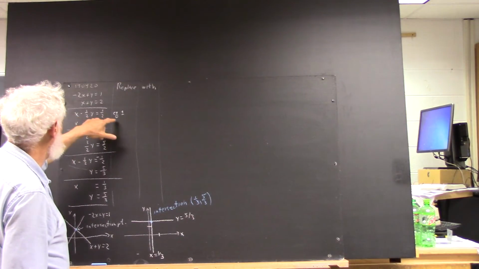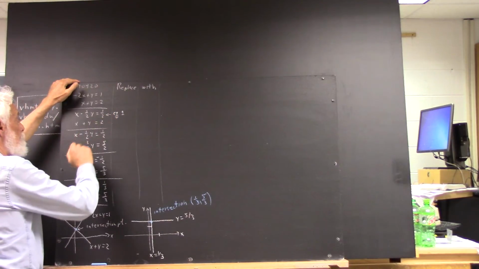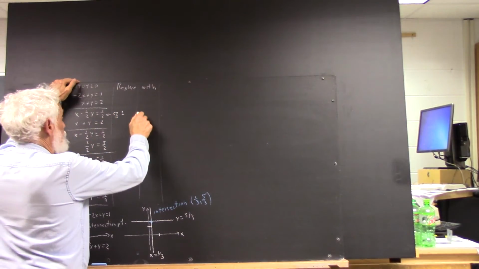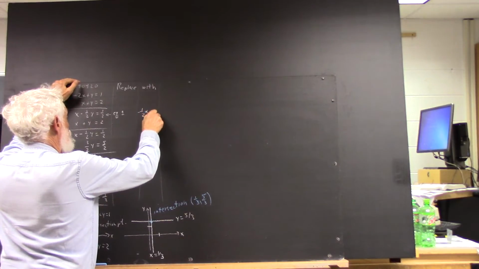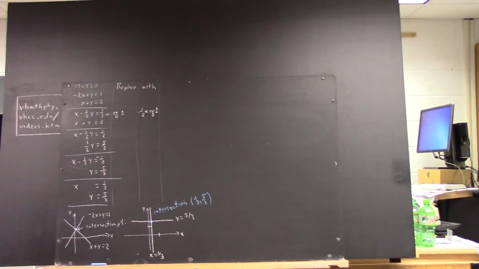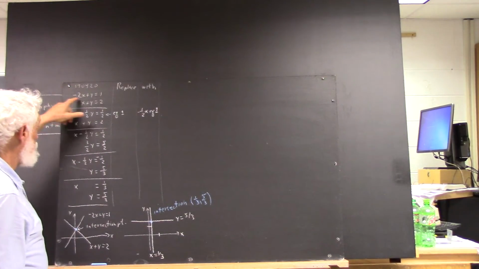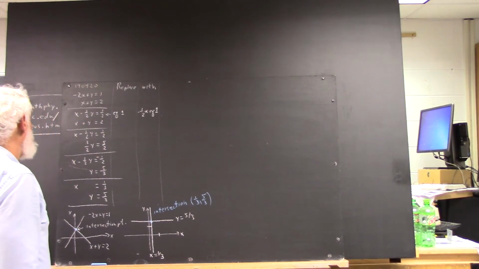So we're replacing equation 1 here with negative 1/2 times equation 1. And you should verify that if I multiply everything in here by negative 1/2, this is what I get.